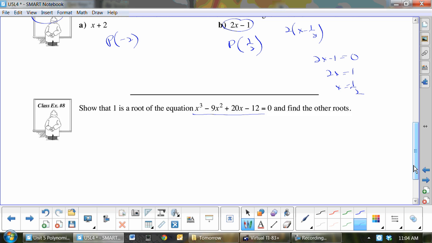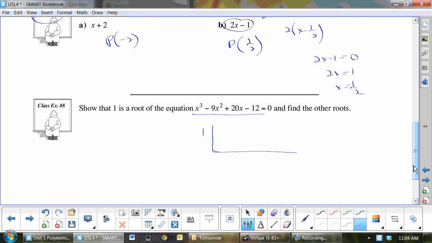It's not saying see if 1 is a root, just go show it, okay? So how would I do that? I could put 1 in, and it should equal 0, right? Or should I put negative 1 in? Put in 1, because 1 is the root. But I want to actually go through the work, because I got to totally factor this, and you'll see if they give you one of the roots, it is a huge help.